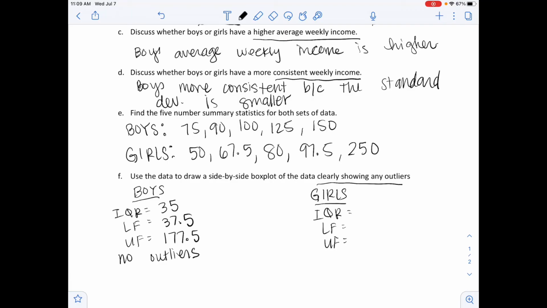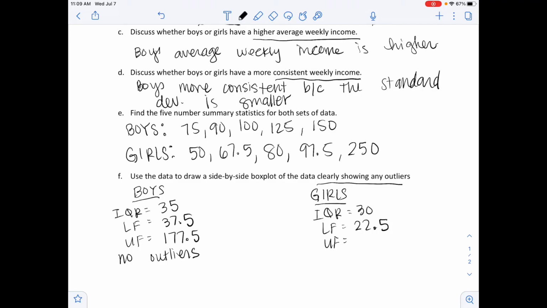Likewise, for the girls' data, we need to calculate the interquartile range, which is Q3 minus Q1, so 97.5 minus 67.5, which works out to be 30. Our lower fence is Q1 minus 1.5 times the interquartile range, which is 22.5.